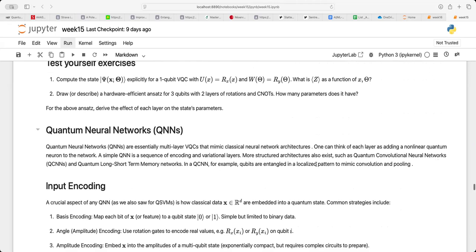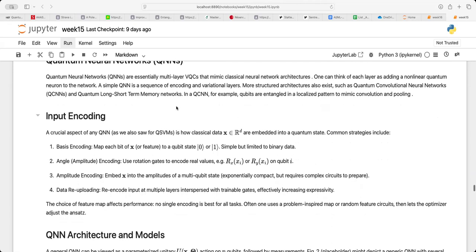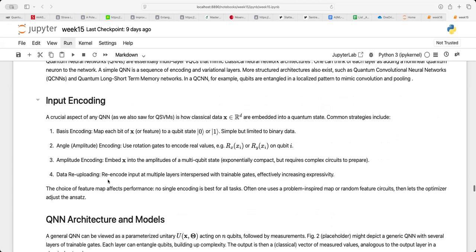So for the quantum neural network, we would have this input encoding: the basis encoding, and this quite standard one, the angle encoding we discussed last time. We also have an amplitude encoding, and there's also something called data reuploading. But the most common one is often to use the angle encoding, where we use rotation gates to encode real values.